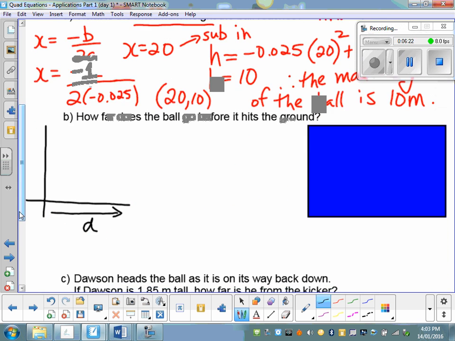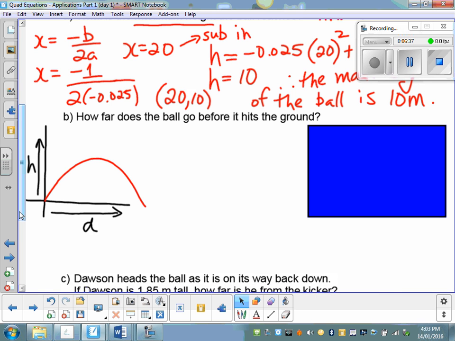So that's the distance going across, and then up the side is the H, or the height of the ball. So really, if I was going to draw what the parabola might look like, the parabola might look like something like that. Just extend my axis there. So that's what it would look like there.